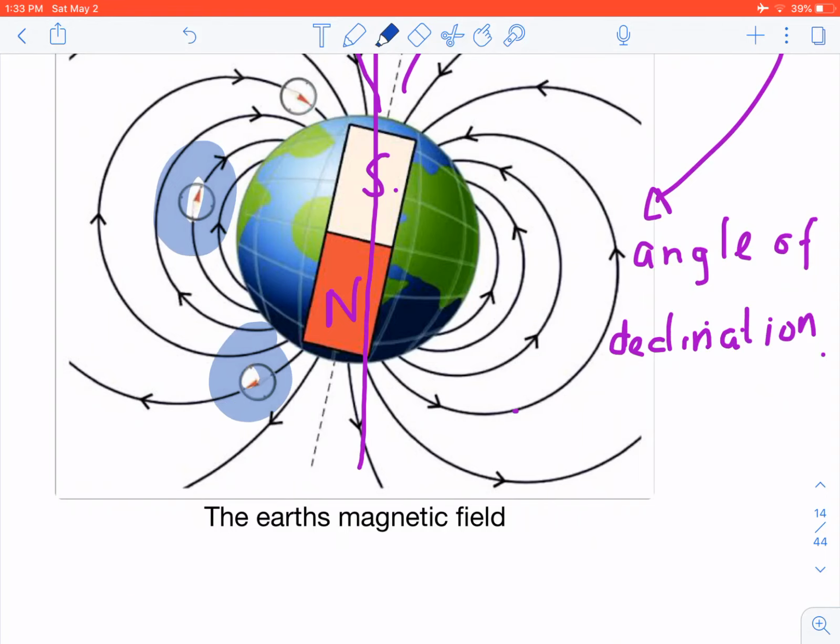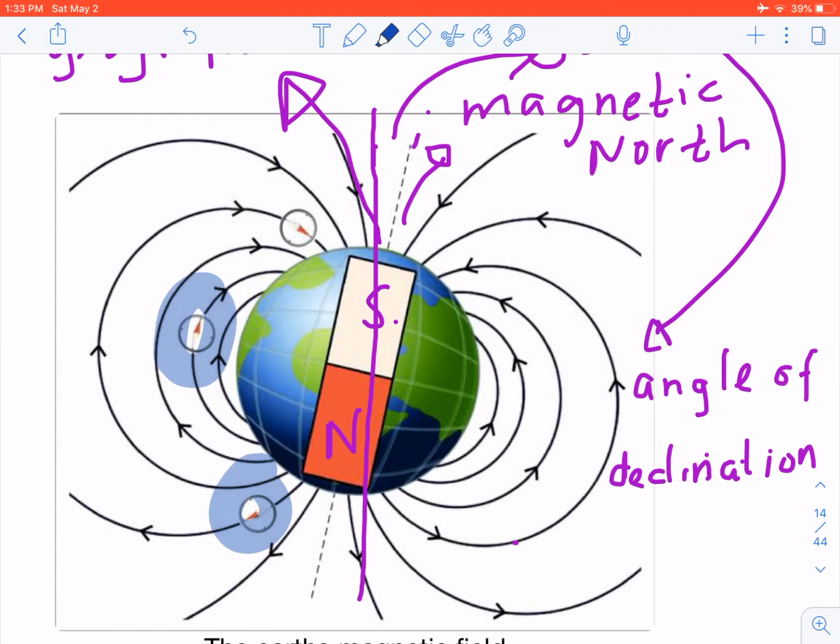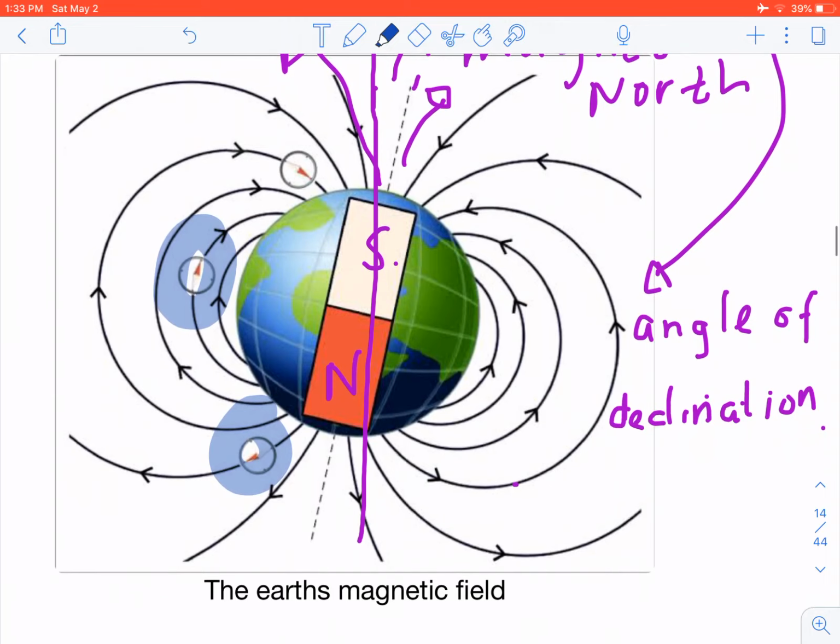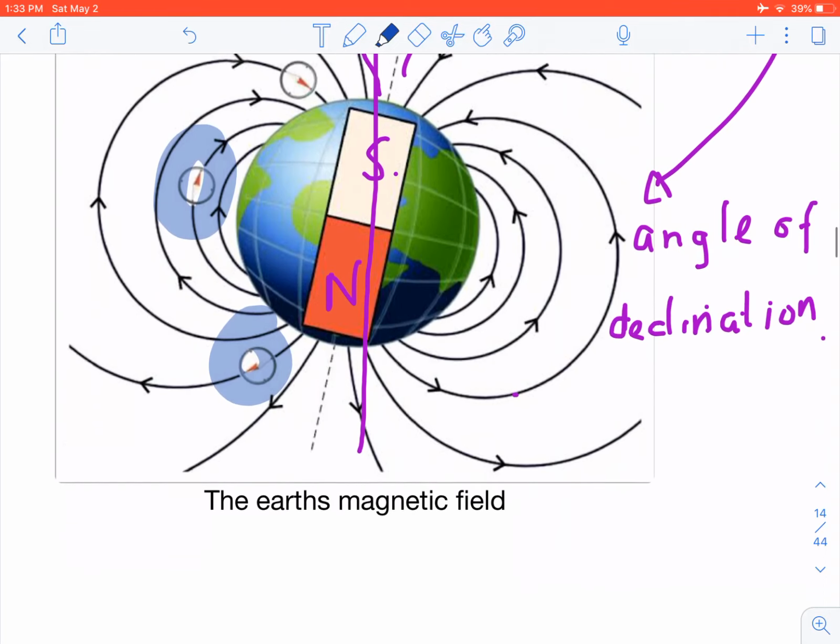The magnetic north and the geographic north may differ by about 15 to 20 degrees. So sometimes when you're using your compass you have to account for the angle of declination, otherwise you find yourself 100 or 200 kilometers from where you actually have to be.